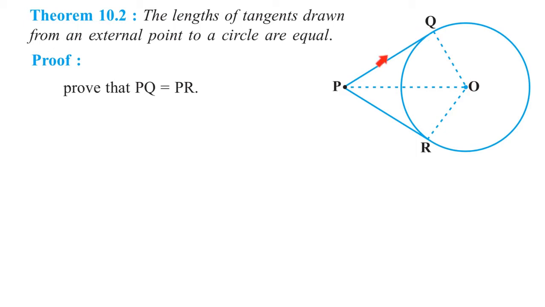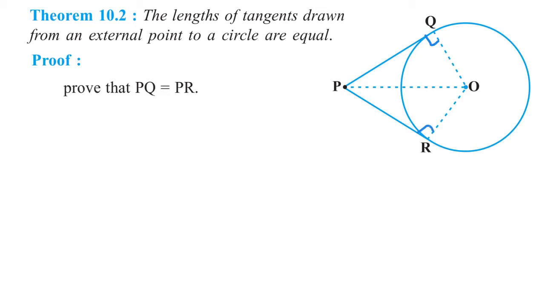So what do you observe? OQ is the radius, PQ is the tangent. OR is the radius, PR is the tangent. And from the previous theorem we studied, what is the angle between the tangent and the radius? How much is the angle? It's 90 degrees. Because they are perpendicular, we know that this is 90 degrees from the previous theorem.